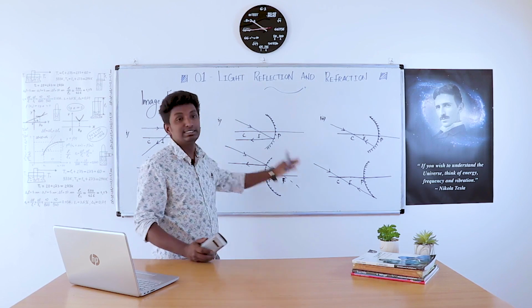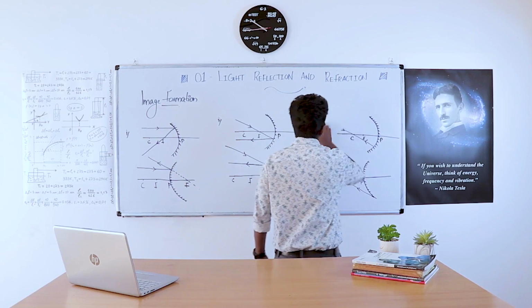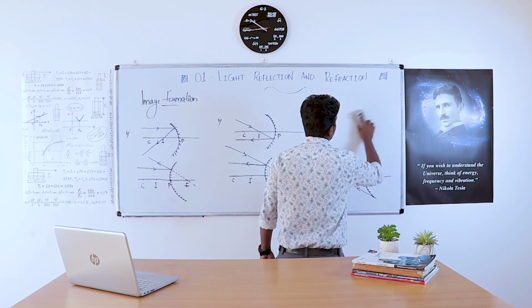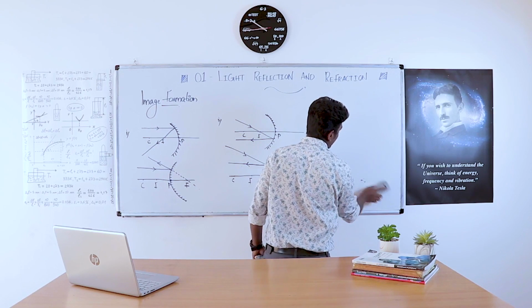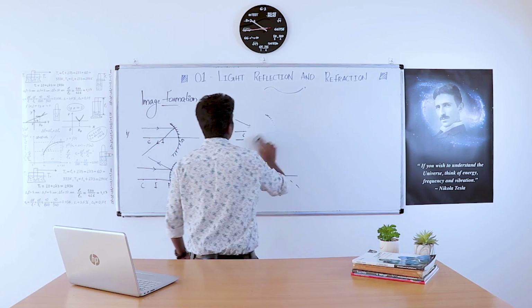So using these three laws, we need to draw the image formation by concave mirror and by convex mirror. First we can start with the cases of concave mirror.